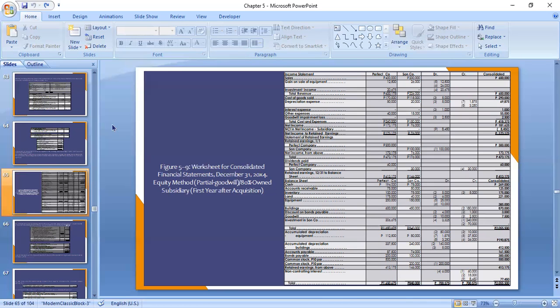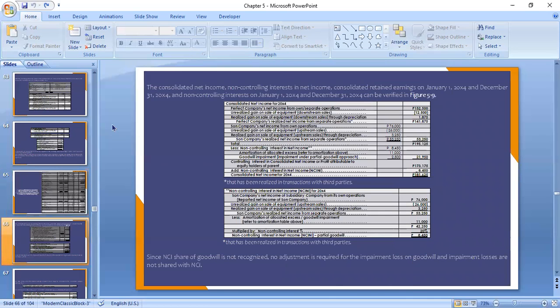Okay, so we have now the elimination entries. Take note of the corresponding pairs of the accounts. So we have now for the consolidated net income for 20x4, and finally for the non-controlling interest in net income.